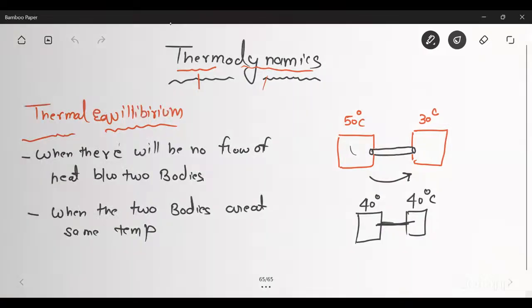Or one more condition you can see here: if the bodies have the same value of PVT, that means the same pressure, the same volume, the same temperature, and the same N, the number of moles, and they do not change with time, then they are called in thermal equilibrium.